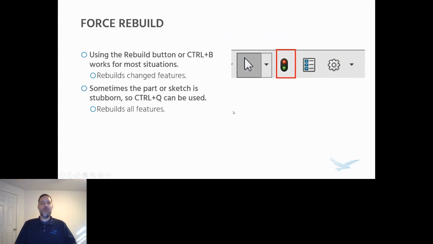But sometimes the part or sketch is stubborn and it's not rebuilding everything, or I've seen some graphical issues. So you can use Control Q, and that will rebuild all features. Just keep in mind, it does do all features. So if you have something really complicated, you might not want to do that, but it's more of, I would say, a troubleshooting tool, but you can always do that. Control Q.